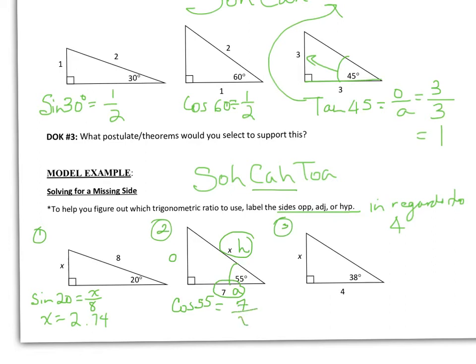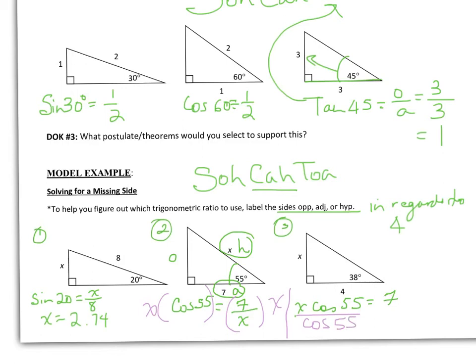Now right here we have to multiply both sides by x to get x out of the denominator. So we have x cosine 55 is equal to 7. Now we divide by cosine of 55.